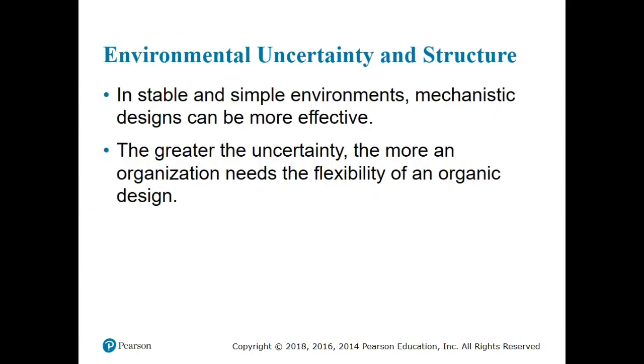Okay, so environmental uncertainty and structure. In stable and simple environments, mechanistic designs can be more effective. The greater the uncertainty, the more an organization needs the flexibility of an organic design. And I think that was very illustrative in last chapter when we went over strategies and organizational strategic flexibility.